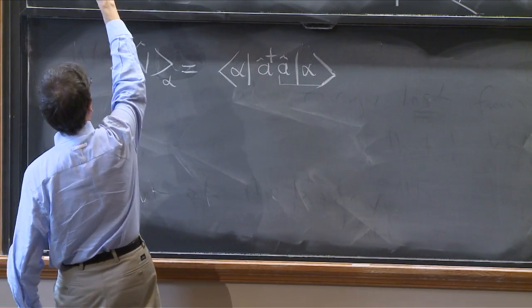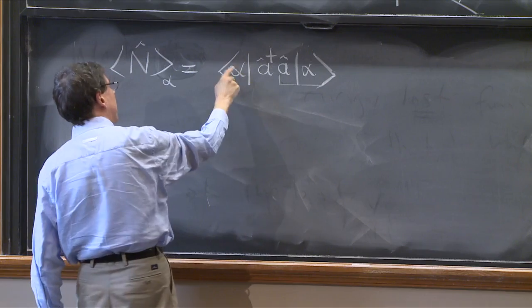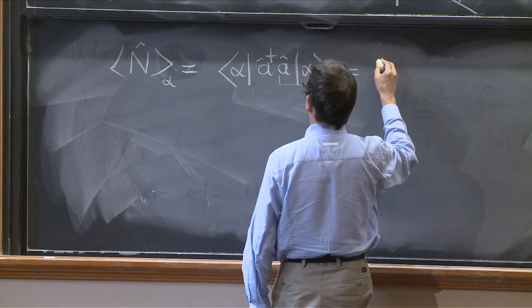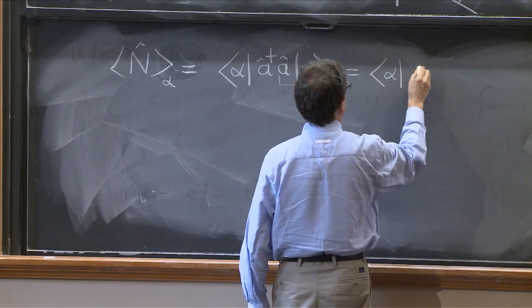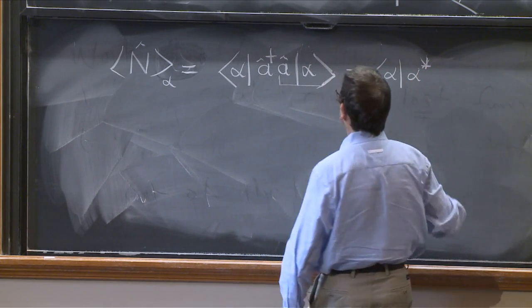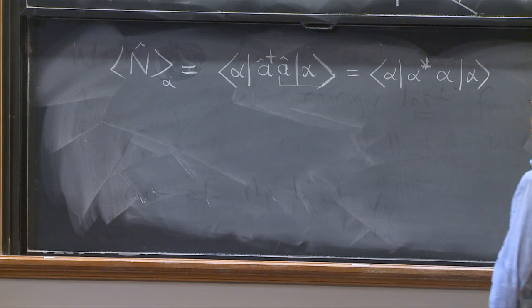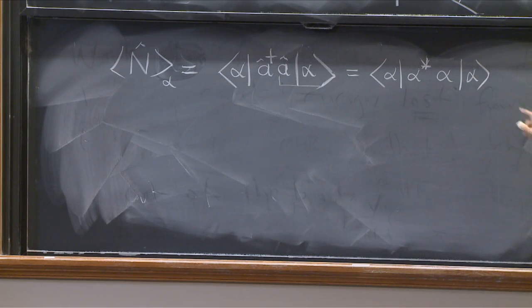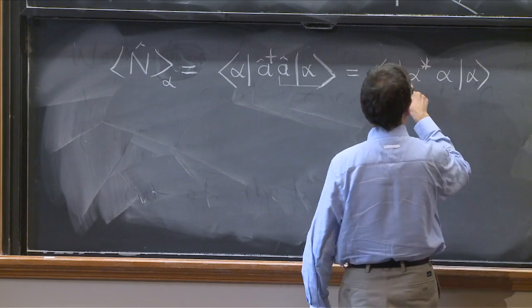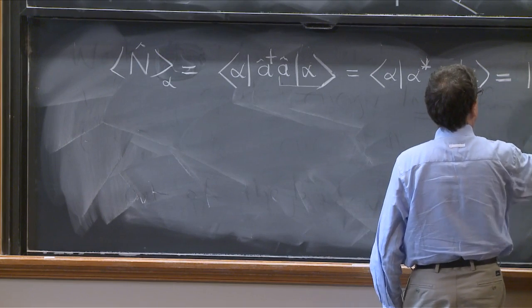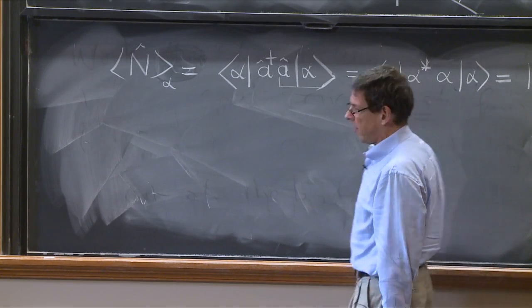And if you dagger that equation, A dagger on alpha is alpha star. So you get, I'll go slowly, alpha star, alpha, and then you get alpha alpha. And alpha has unit norm. These are numbers. So this is equal to the length of alpha squared.